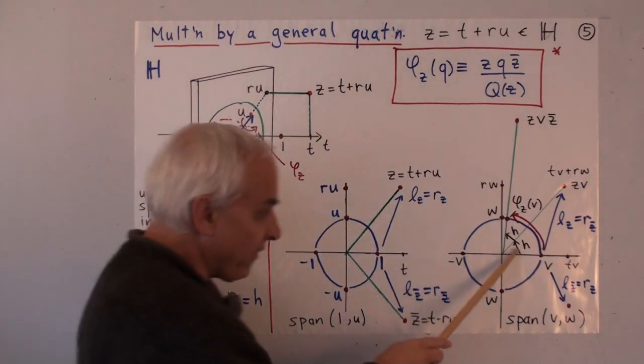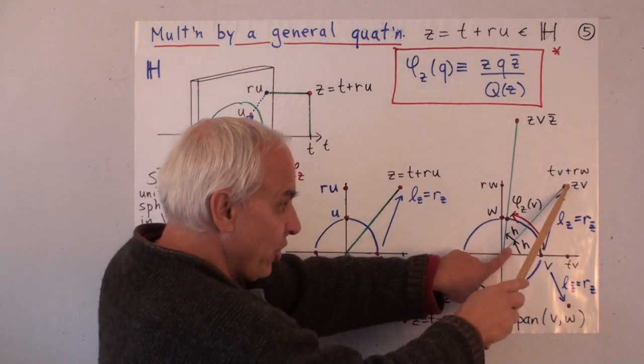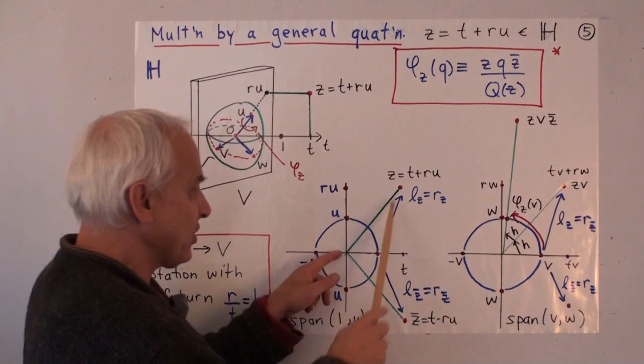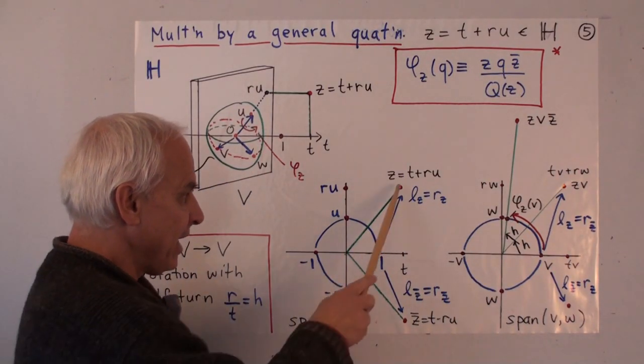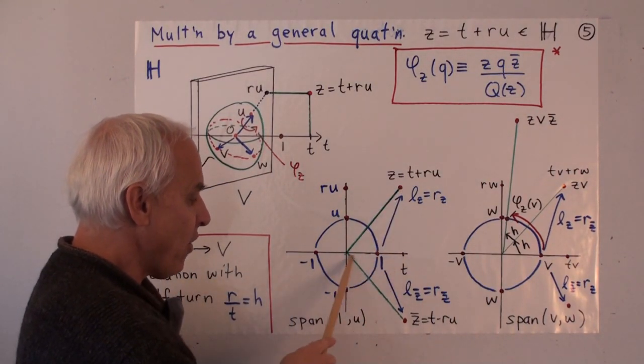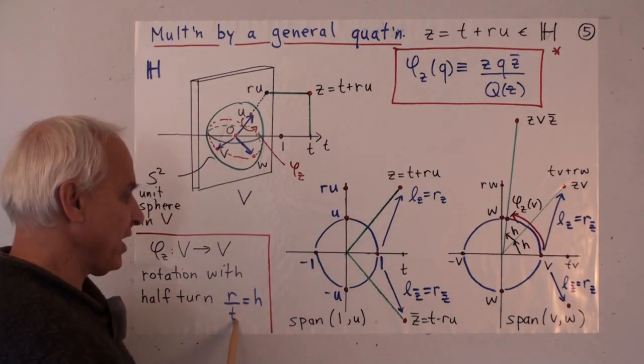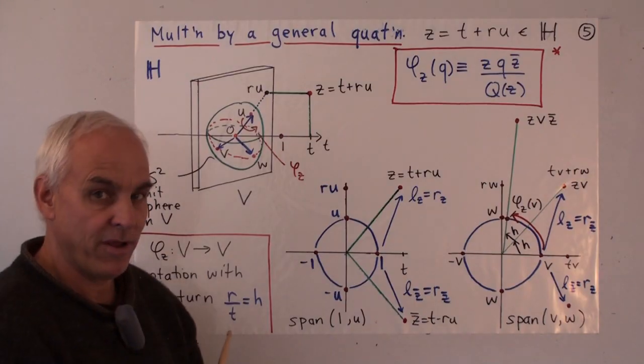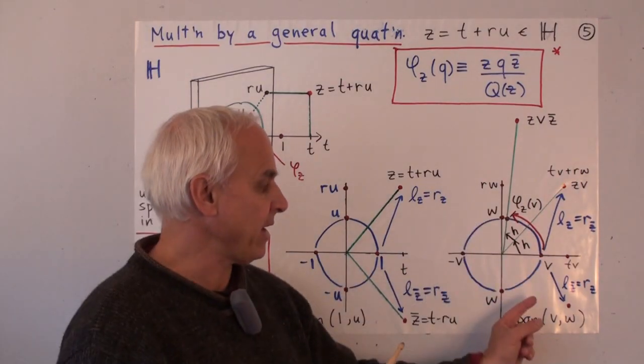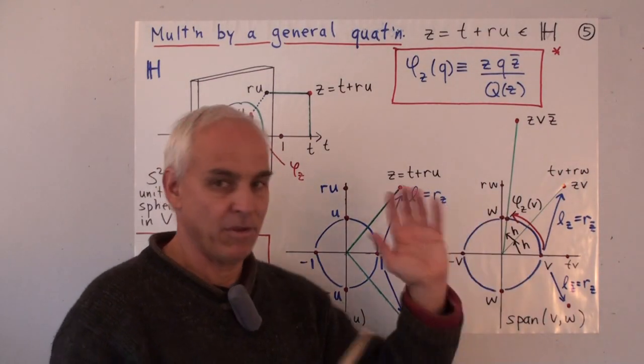And what is the turn of h here? The turn is the turn associated with zv, or the turn associated with this thing here. It's r over t. So r over t is the half turn of the rotation that we're getting in this VW plane.